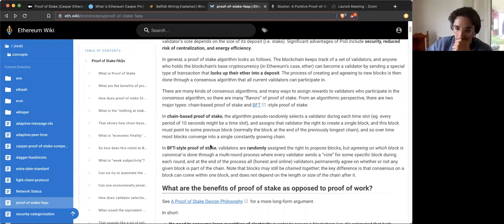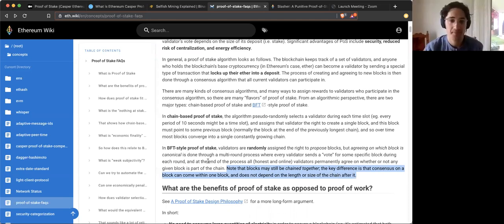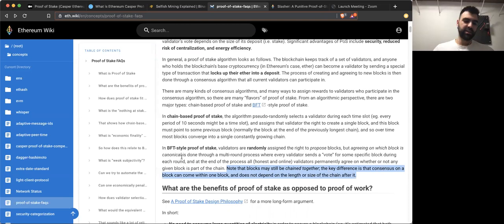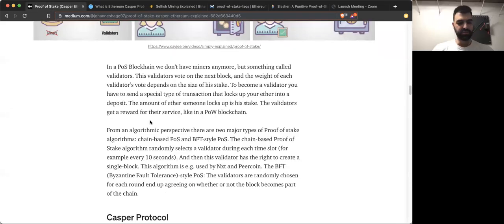They talk about it here. Note that blocks may still be chained together. The key difference is that consensus on a block can come within one block, and does not depend on the length of the chain after it. So in this BFT style, the validators agree on the current version of the blockchain after every block. Right. Okay, these are just two flavors of proof of stake.